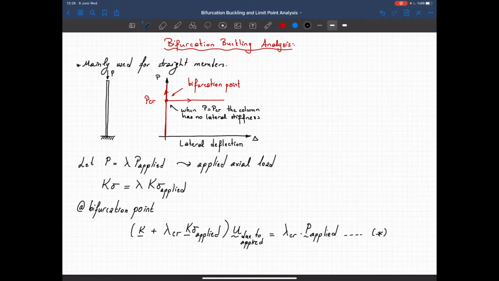So in other words, what we are saying here is we have an axial load P. I'm just showing it as lambda critical times P for this point. And the internal force, the axial forces on this member, should resist that P. So that's the equilibrium condition.